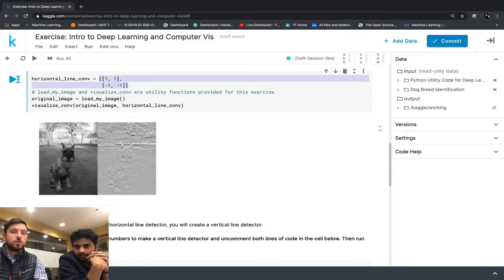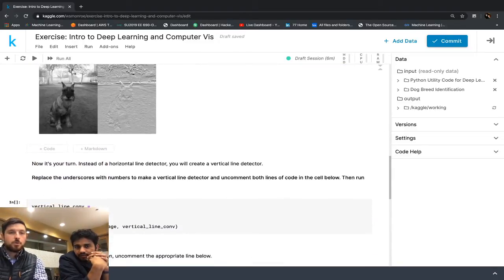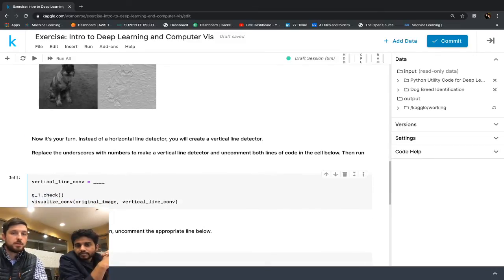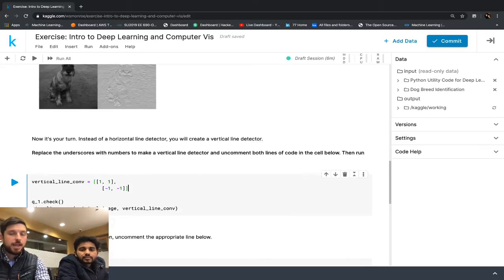Now in this next part, we're really trying to understand the convolution. It wants us to build the vertical line detector. This is the horizontal line detector that I put in there right now.